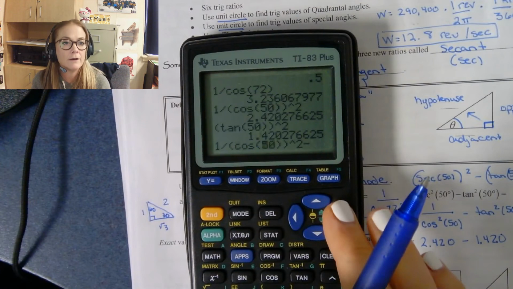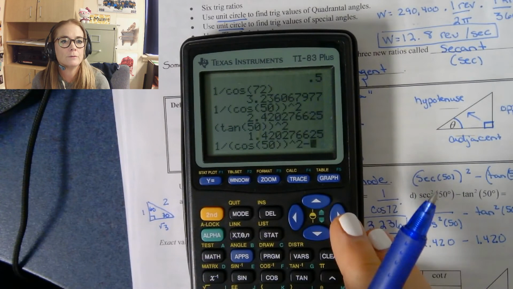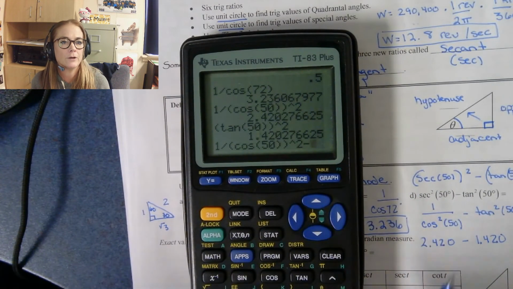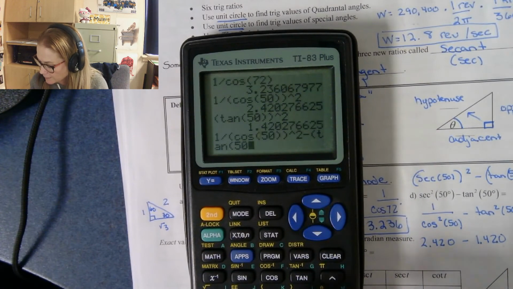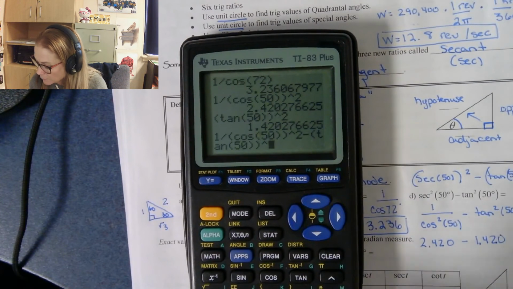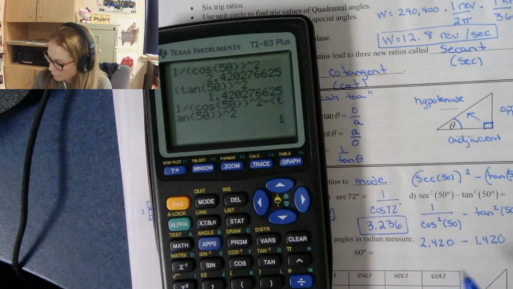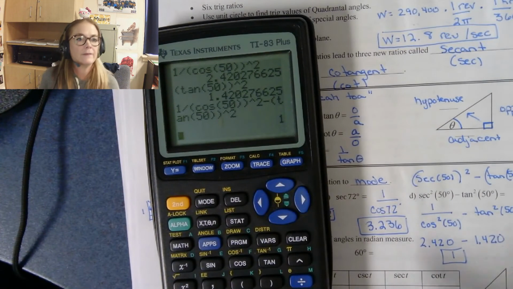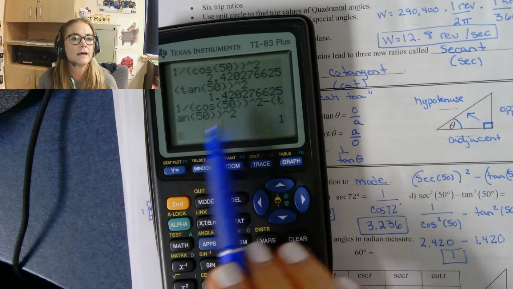The calculator knows that once you close this parentheses that you're done in the denominator, and it's going to pop us right back up to the numerator. So it kind of understands that order of operations. Anyway, so this is tangent 50, close that, squared. All right, and so that comes out to 1. That's how I would probably put it in the calculator, okay?